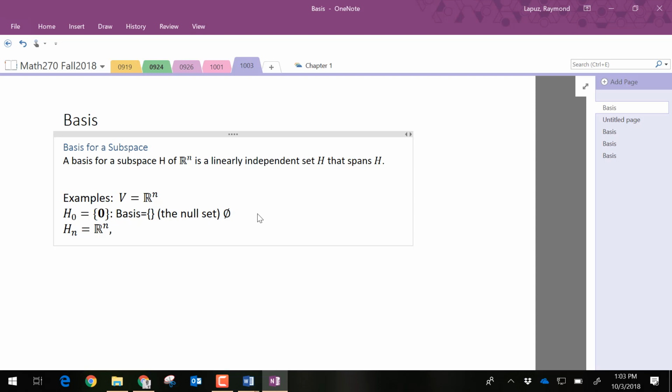So what is a basis for Rn? Do you guys remember? Yeah, so actually we have another name for that. The basis vectors, that's the other name for that. E, we called it E.